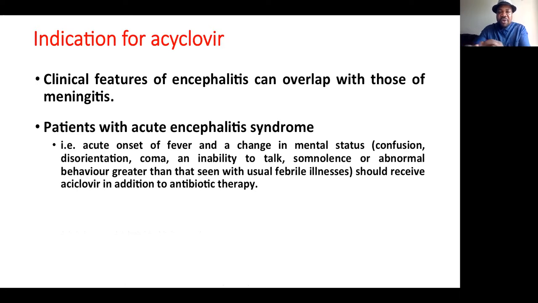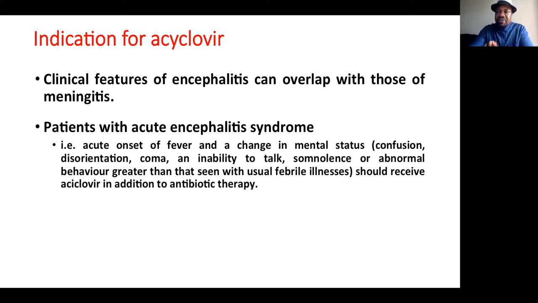Patients with acute encephalitis syndrome present with acute onset of fever and a change in mental status like confusion, disorientation, coma, inability to talk, somnolence, or abnormal behavior greater than what is seen with usual febrile illnesses. Those are the patients.